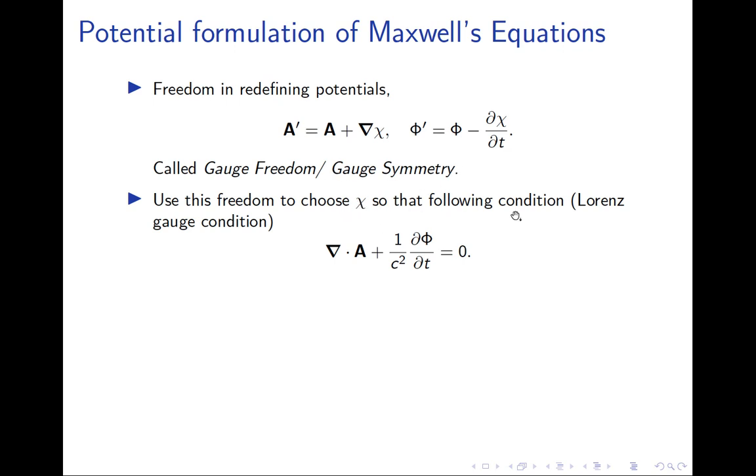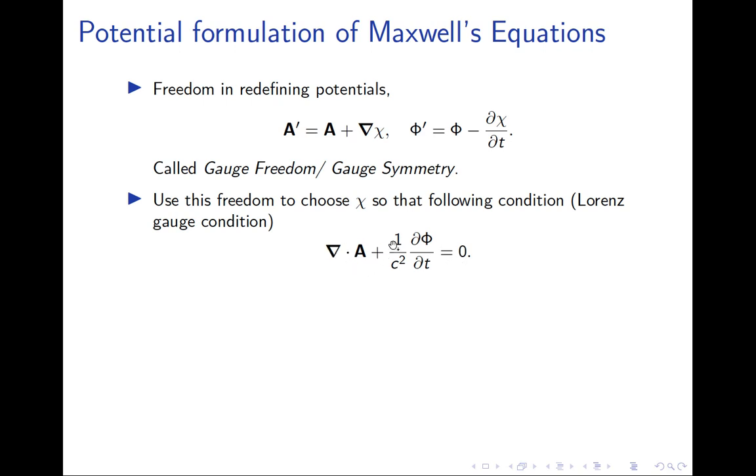Choose a chi so that the following condition holds. Let's say you start with some arbitrary A, and you do this gauge change of variables to A prime. Now you compute the divergence of A, and you keep doing this till you get divergence of A plus 1 over c squared del phi del t equal to 0. Whatever the new scalar and vector potential are, you make sure you change them in such a way that this quantity is 0, right?